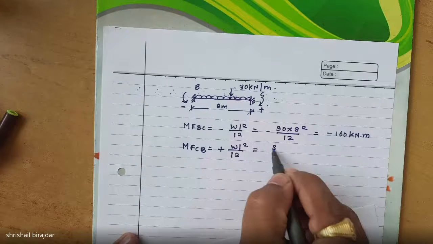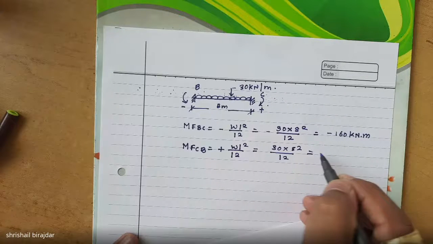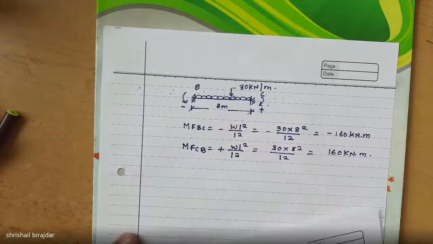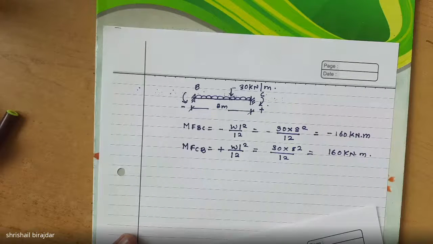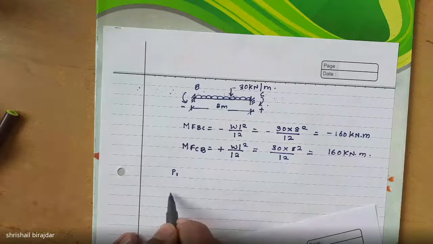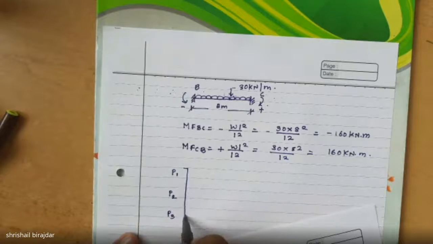The same formula we can use here for getting the fixed end moment. This is also 160 kilonewton meter. Ultimately we have to find out P1, P2, P3 in the matrix form. So I'm just writing P1, P2, P3 here.